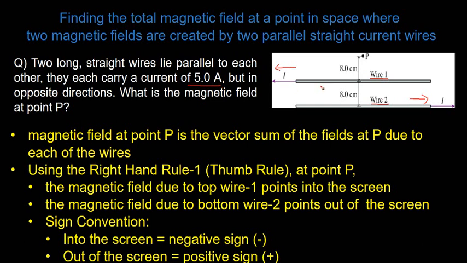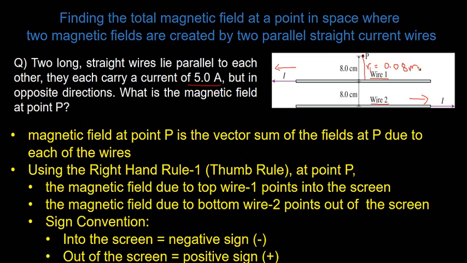Now, the distance between the point of observation P and wire 1 is 8 centimeters. So this distance is the R required in the formula. We'll call it R1 because that's associated with wire 1, and that's 0.08 meters.